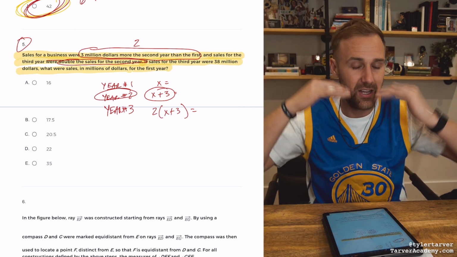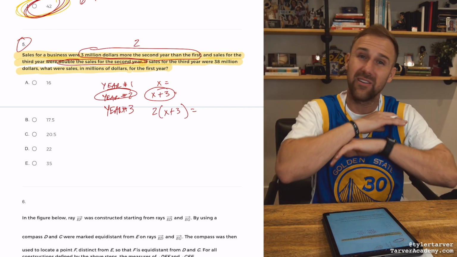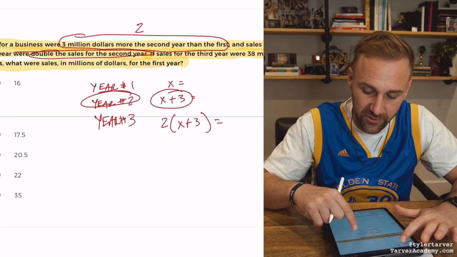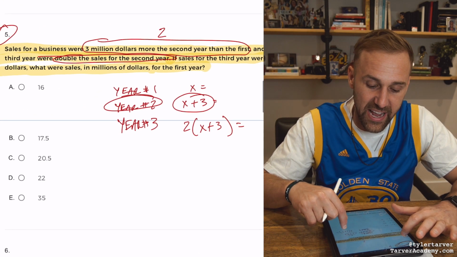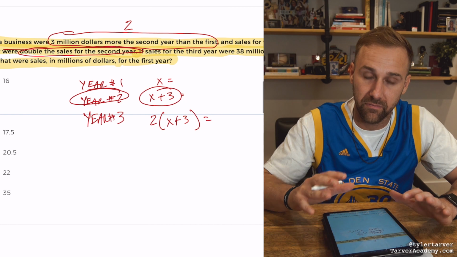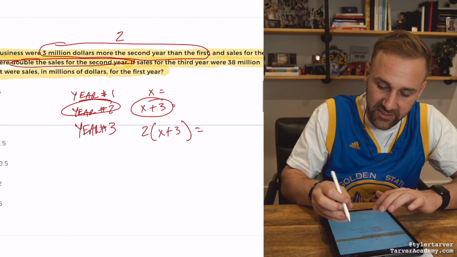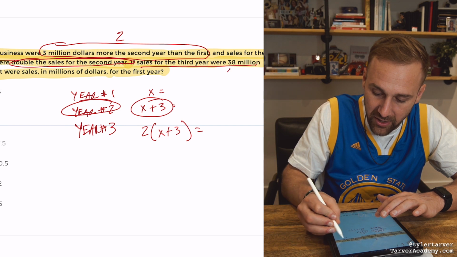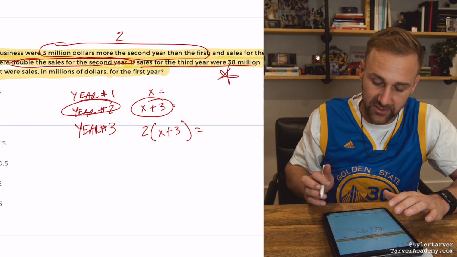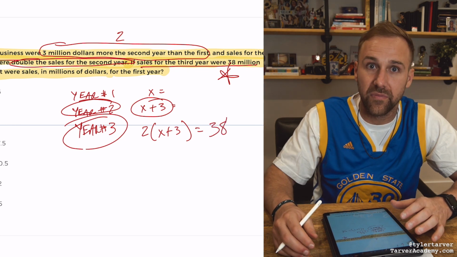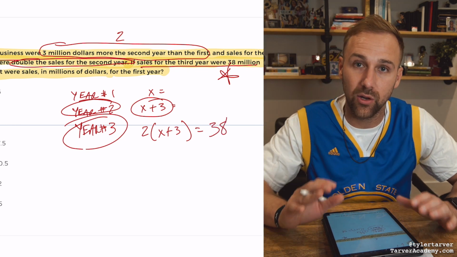We have three different years, year 1, year 2, and year 3, and no way to solve it yet. But here it comes. If sales for the third year were $38 million, then we want to find the first year. This is where we can solve it. Year 3, it was $38 million. Now we have a formula we can solve.